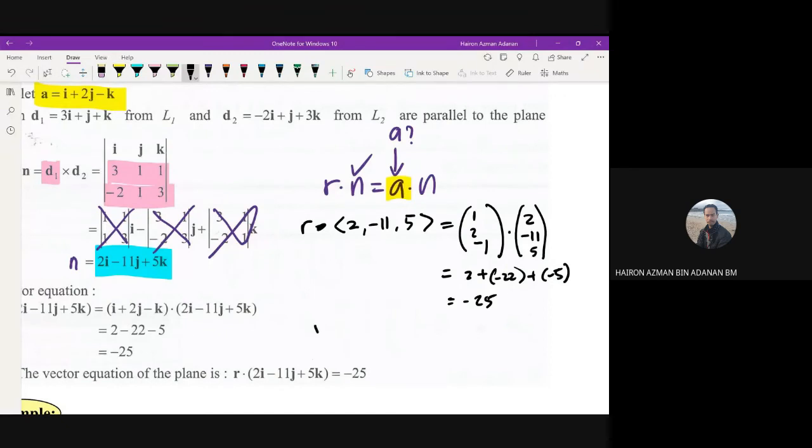So rewrite again. So R dot dengan 2i minus 11j plus 5k. Okay, rewrite in term of IJK equal to negative 25. Okay, done. That's your vector equation of plane. Any question before I proceed to the next example?